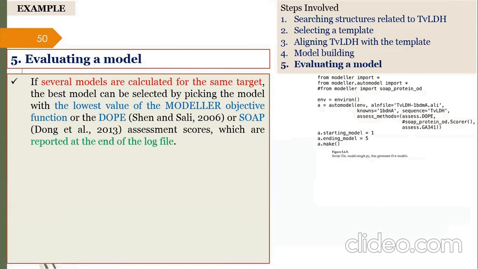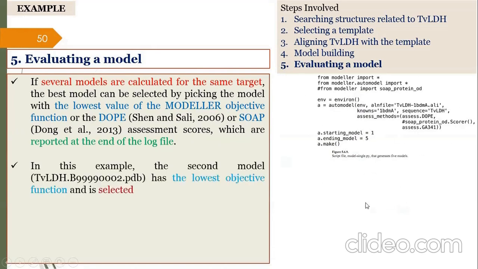If we need to calculate several models, the best model can be selected by picking the model with the lowest modeler objective function. So based on the modeler objective function, the DOPE score and SOAP score are reported at the end of the log file. So when we run this file, we will get a log file, and in that log file, we will select the best possible structure out of the 5.